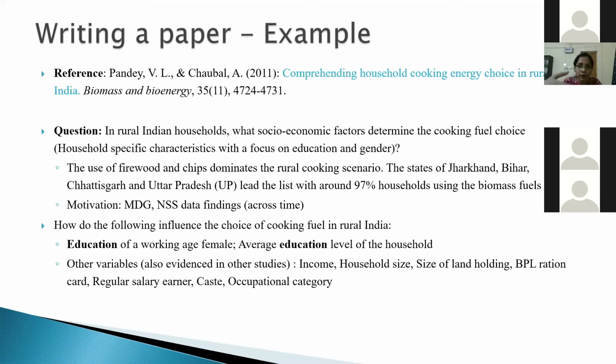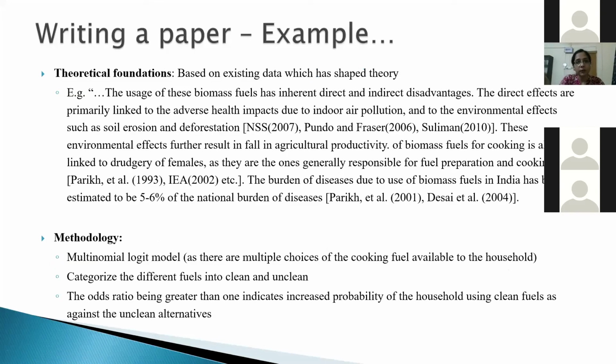Traditionally, if the ration card is of a certain type, and again this is based on other studies which may have looked at other questions, so not all the studies we read were about determining the cooking fuel choice. They were answering different questions, but they used these socioeconomic factors. These are the theoretical foundations, based on existing studies.